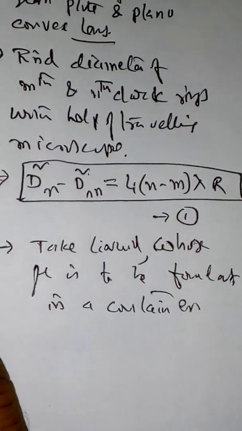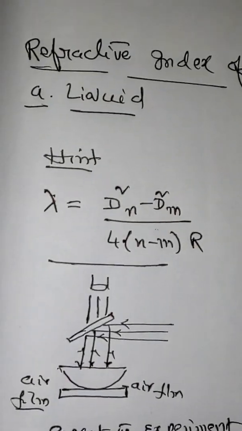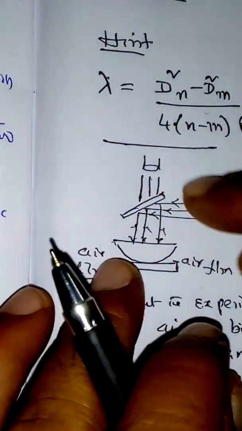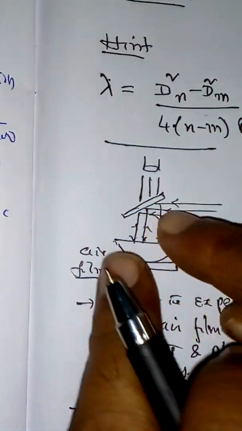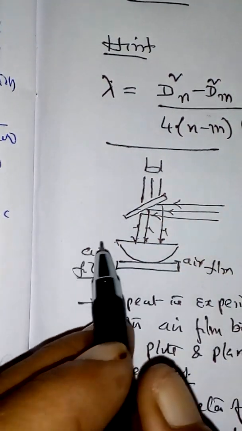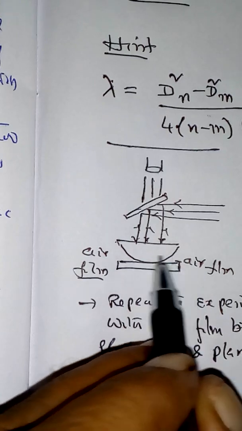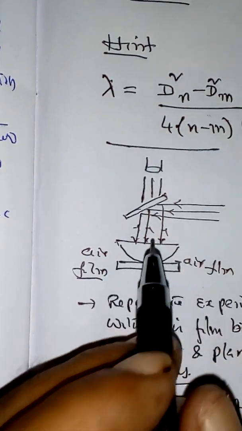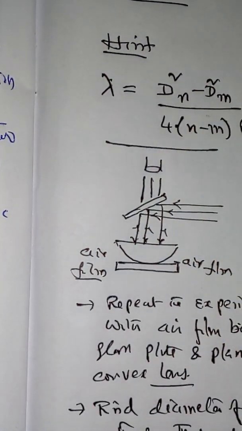In that container, put this apparatus and immerse it, so that instead of the air film, that liquid enters here. Then you will have a liquid film, and the same experiment is repeated.